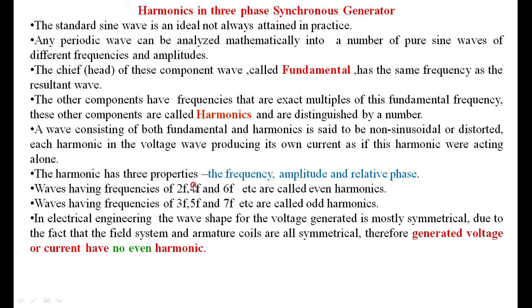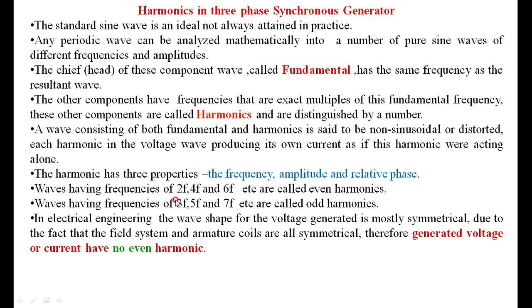The harmonics have 3 characteristics. If you extract components of different frequency and different amplitude from the periodic waveform, they have 3 different characteristics: different frequency, different amplitude, and a different relative phase displacement.